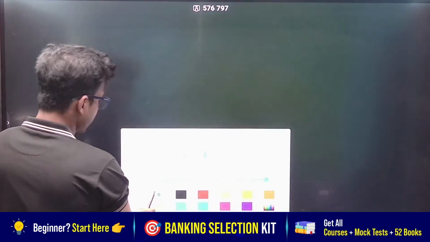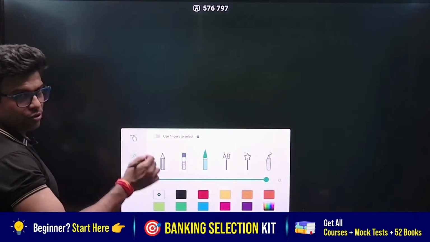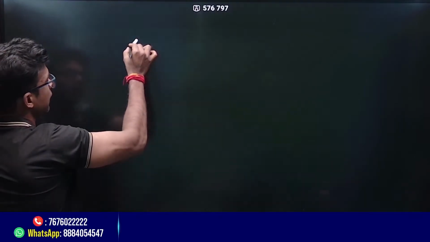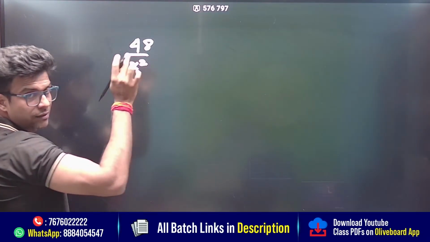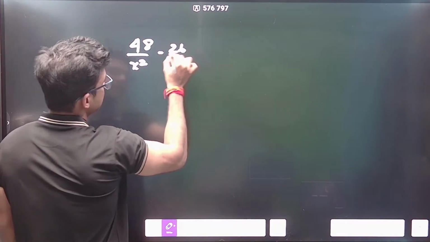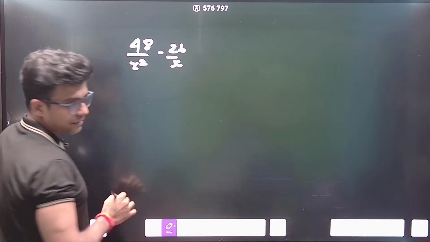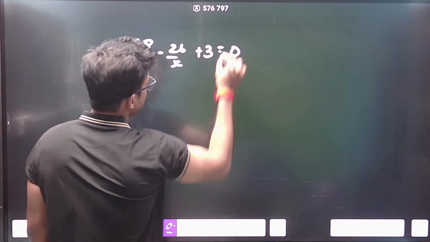So guys, the actual question is 48 by x square minus 26 by x plus 3 is equal to 0. How can we solve?